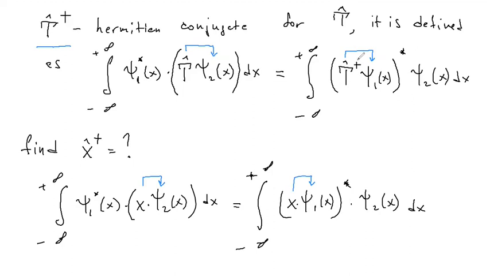So let's look at the definition of Hermitian conjugate. What will be the Hermitian conjugate for operator X? What is the conclusion? Can I claim that operator X dagger will be the same multiplication by X? Is it obvious or not? Can you confirm?